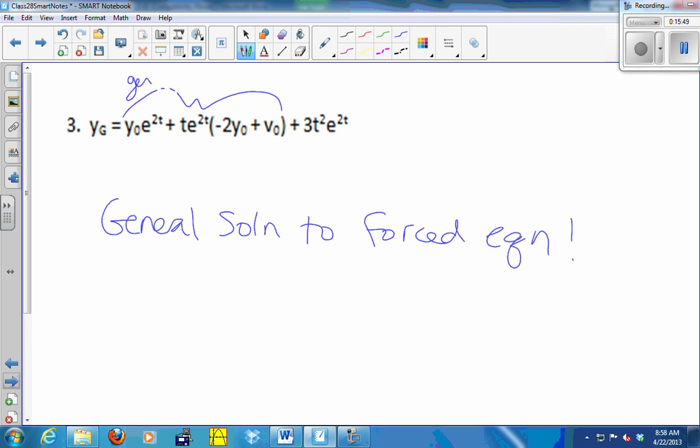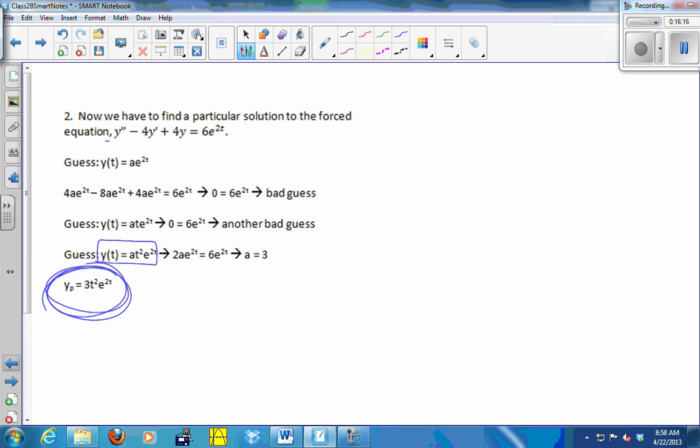This is the general solution to unforced. This is the particular solution to forced. Add them together, and you get the general solution to the forced. So you had it equal to, it was like y double prime plus y equal to something. The differential equation was that.